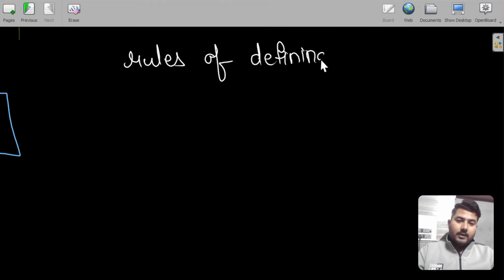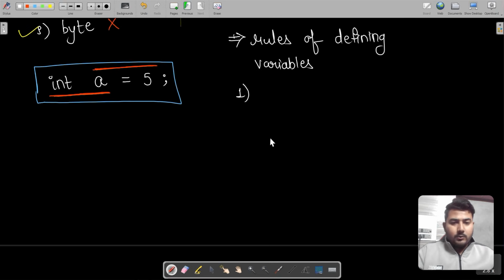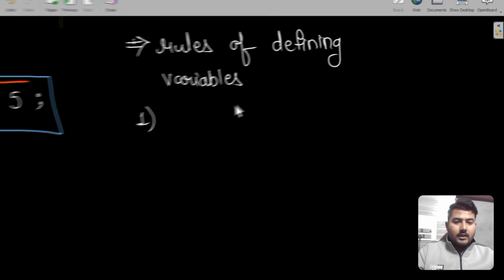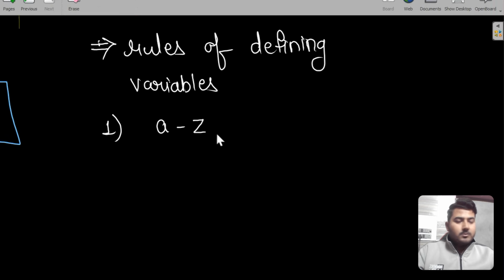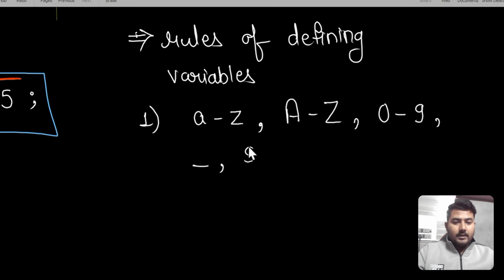Rules of defining variables. First, a variable can contain any letter from small a to small z, and even capital A to capital Z. It can even contain numbers 0 to 9, all the numbers. Also, underscore and dollar sign are valid characters that you can use inside a variable.